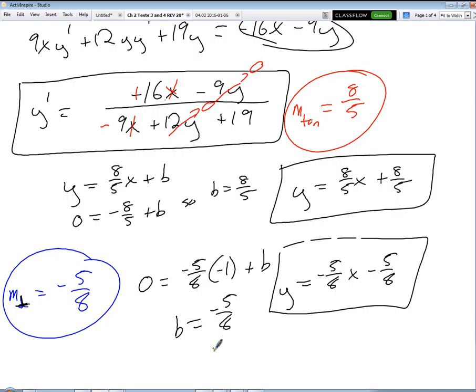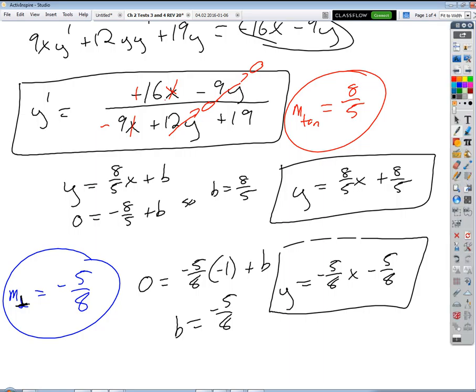Wait. The top one's tangent. Yep. Top one's tangent line, bottom one's normal line. Are they always gonna be like that? No, not really. Okay, we good? Yep. All right.